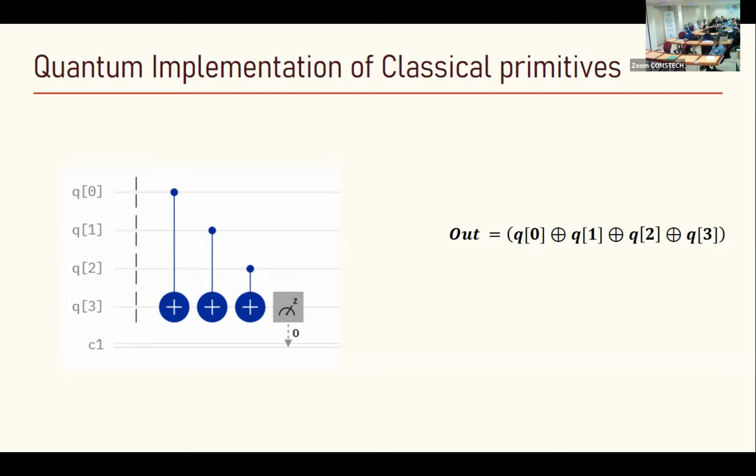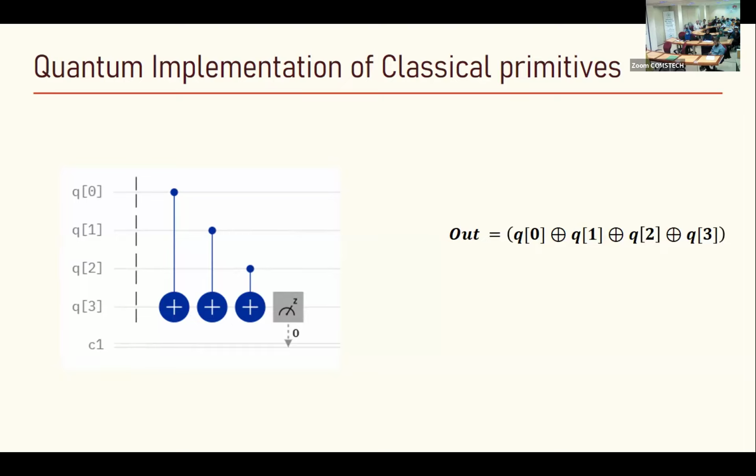XOR function is replaced by which operator? CNOT operator. So here what is happening is that Q0 is being XORed with Q3 and we're getting the answer here. This answer is then XORed with Q1 and we're getting the answer here. And this answer is then XORed with Q2 and we're getting the answer here. So the final answer is on this line and we're getting the XOR of these 4 functions. Yes?